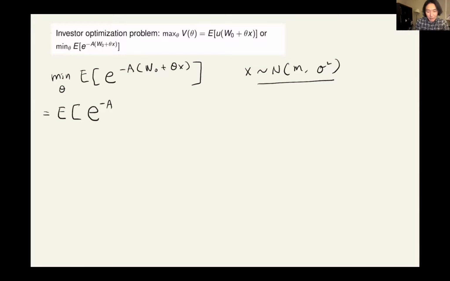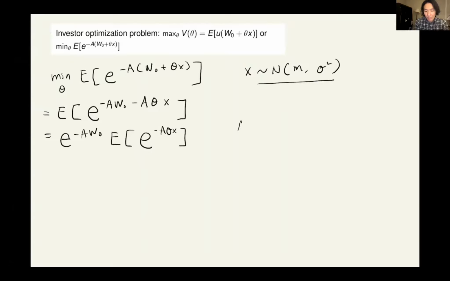So it becomes minus A times W0 minus A times theta times X. Now, this can be rewritten as e to the minus A W0 times e to the minus A theta X. And we know that minus A theta X then follows a normal random variable of, what is the mean? Mean, you just multiply this to the M, and the variance, it will be squared.